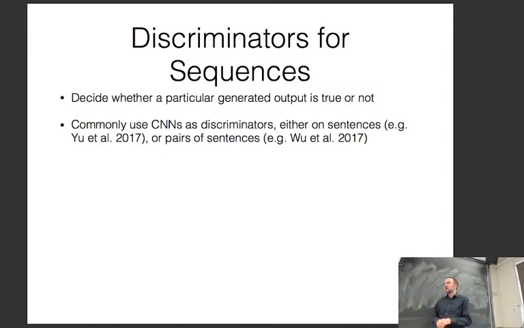CNNs are the best way of doing sentence classification at the moment. They're the most accurate. They learn most quickly. So in general, methods have been using CNNs.